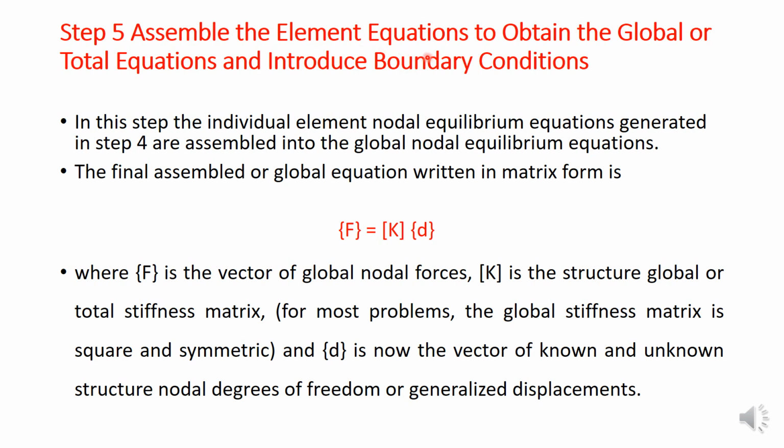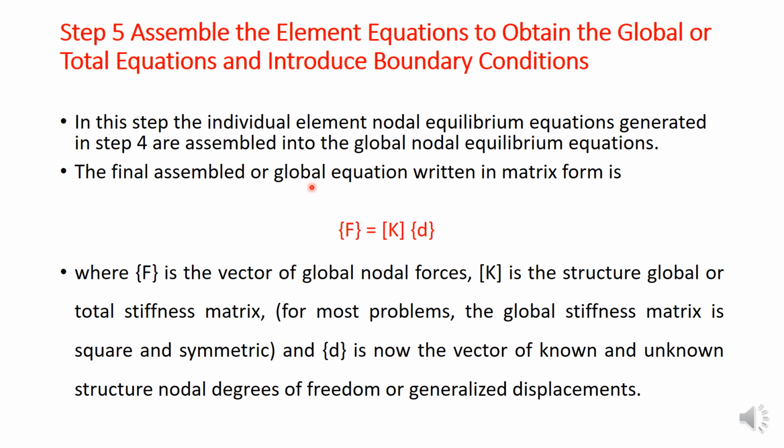We assemble all the elemental equations and obtain the global or total equations, and we also apply the boundary conditions, so that we get a global matrix, and we can solve for the unknown displacements. We know that in step 4 we developed equations for the elements of the form small f equal to small k into d, where small f is a vector of elemental nodal forces, small k is the elemental stiffness matrix, and d is a vector of unknown elemental nodal degrees of freedom or displacements.